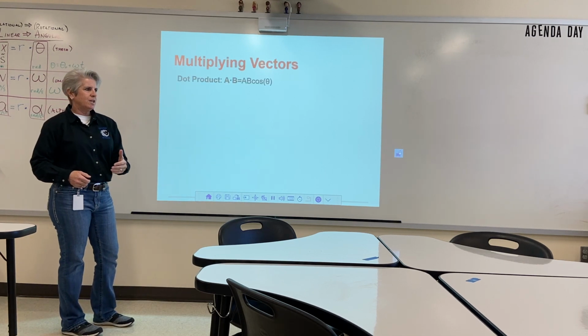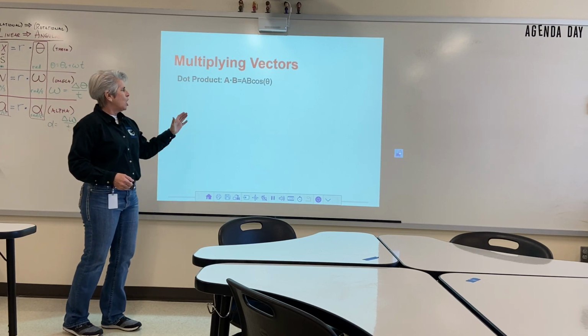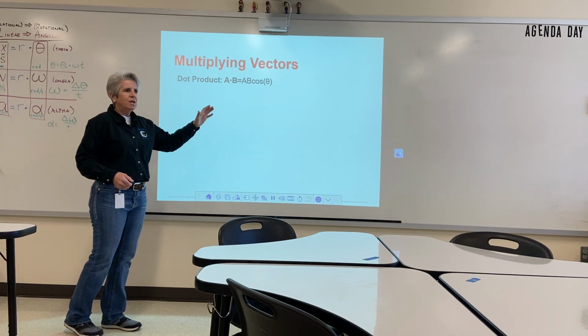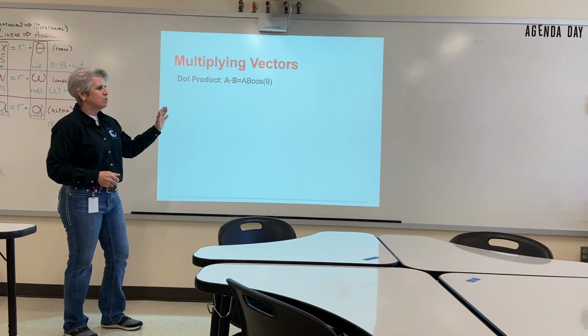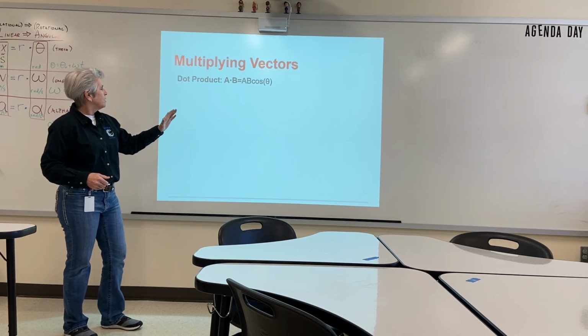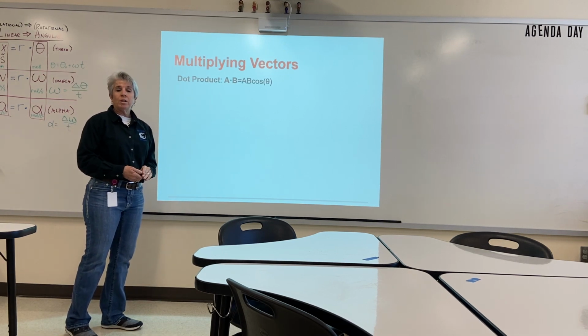You can multiply things using a dot. So a dot, we get a dot product, A times B, and we put a dot between them. When we're getting A times B, we're taking two vectors and multiplying them to each other, but we're going to get a scalar quantity. This is what we do when we calculate work, right?